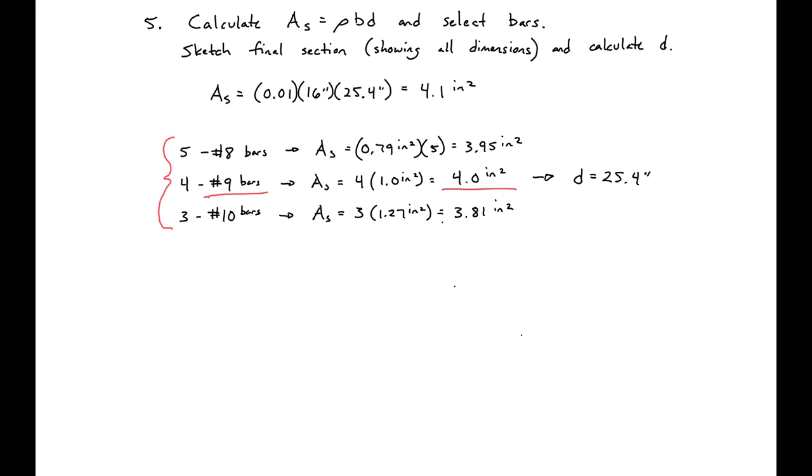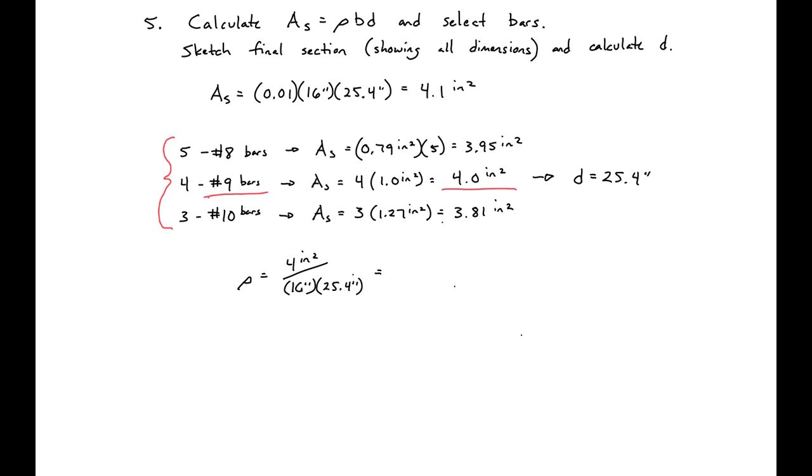25.4 inches. So then we can find our actual row, and our actual row is going to be equal to 4 inches squared divided by 16 inches times our D, 25.4 inches.